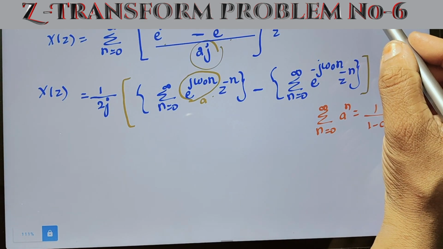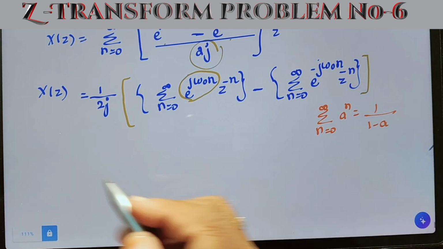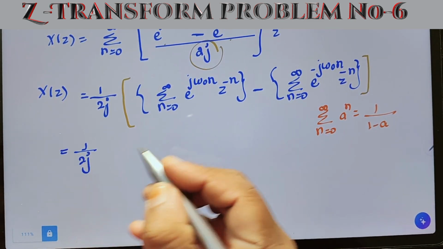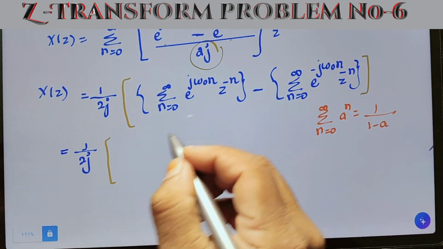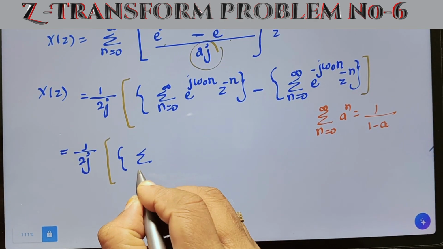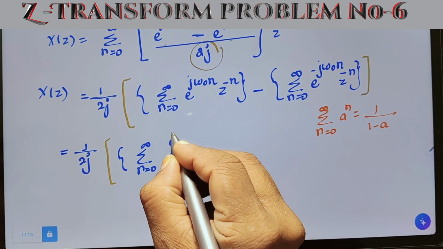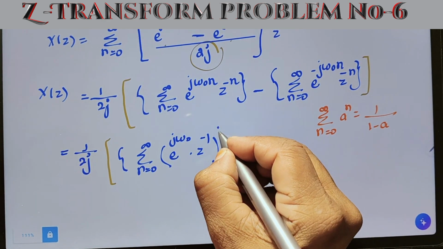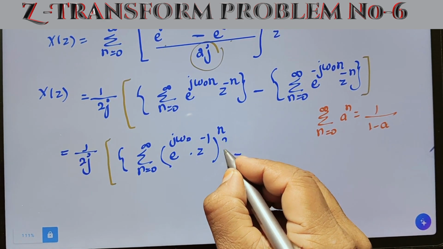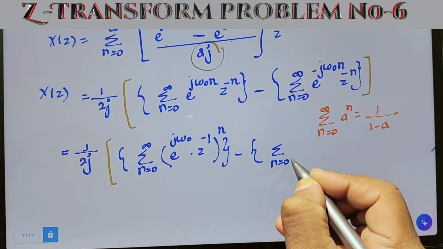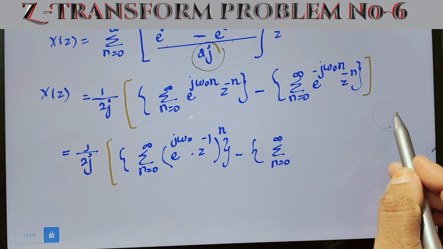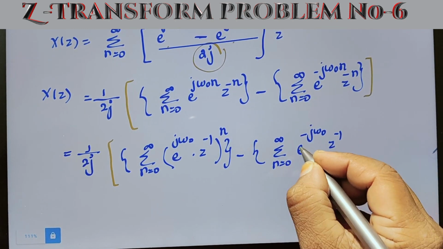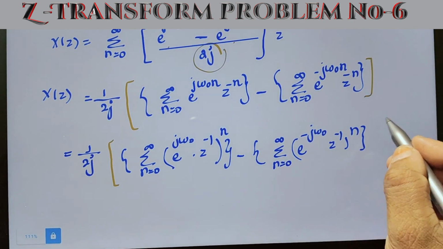Before this, write one more line: equal to 1 by 2j, bracket, summation n equal to 0 to infinity e power j omega naught into z power minus 1, the whole power n, minus summation n equal to 0 to infinity e power minus j omega naught into z power minus 1, the whole power n, close the bracket.